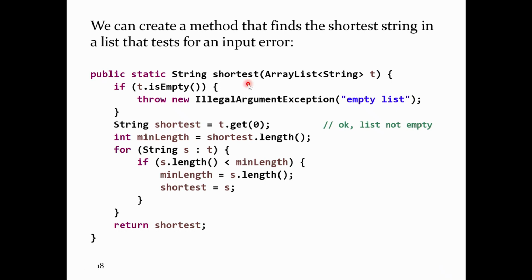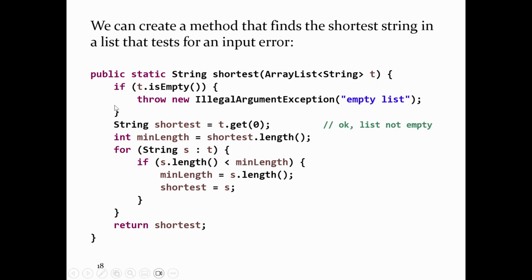Here I've got a method called shortest. It takes in an array list as an argument. Now, if you're taking in an array list from somebody else, you don't know if there's anything in that list, so you have to deal with a situation where the list might be empty.